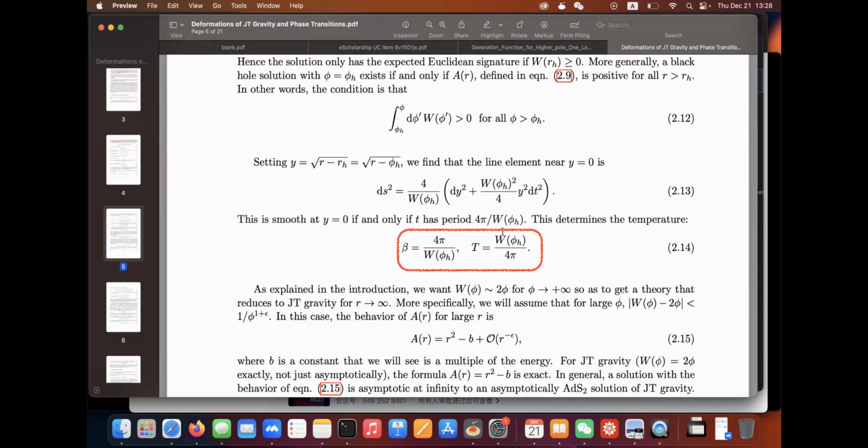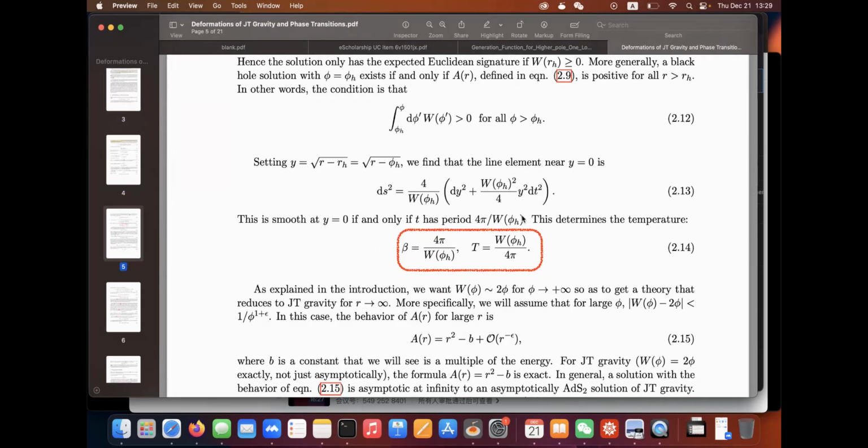For this formula, you can interpret y as the radius, and t as an angle, because we are working in the Euclidean signature. Then you will find this one should have a period of 2 pi, which means t has a period of this, and in Euclidean the time t is actually tau.